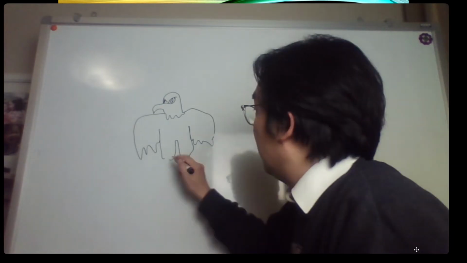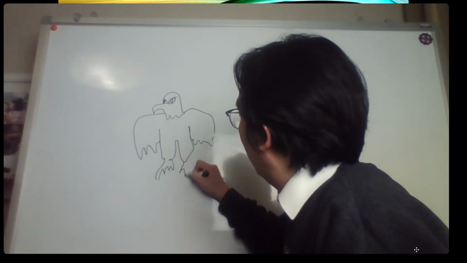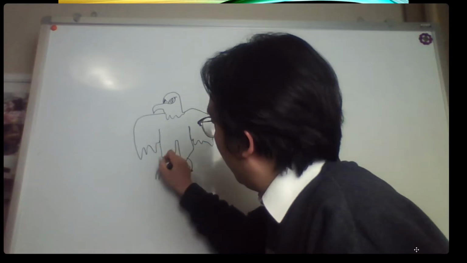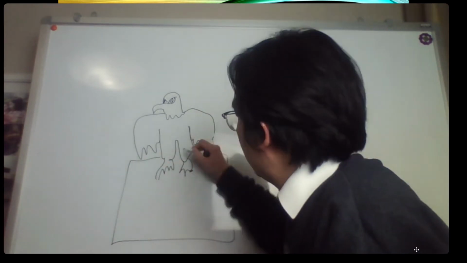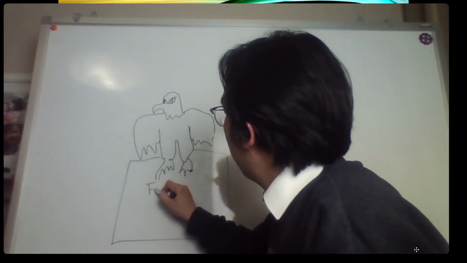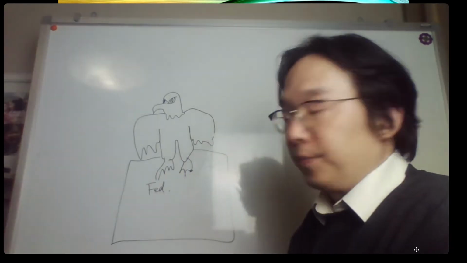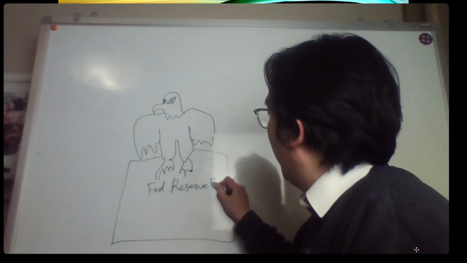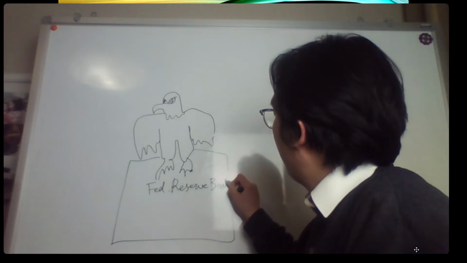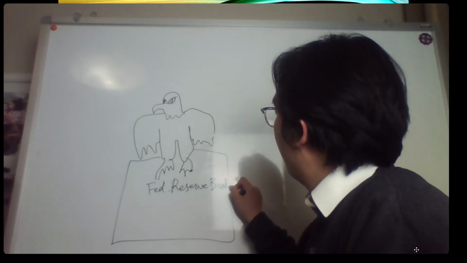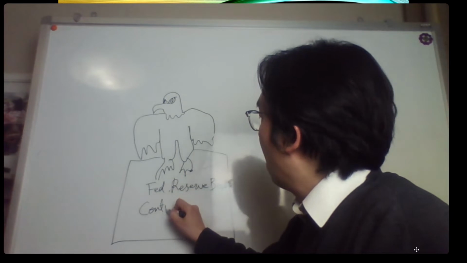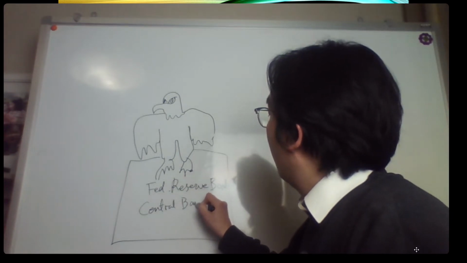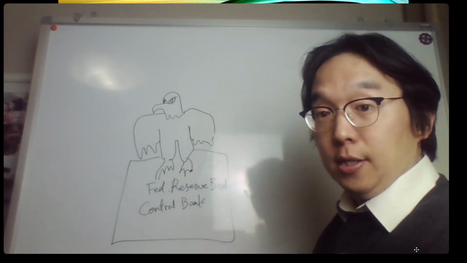And they look like this, Federal Reserve Bank. So this is the central bank of the United States.